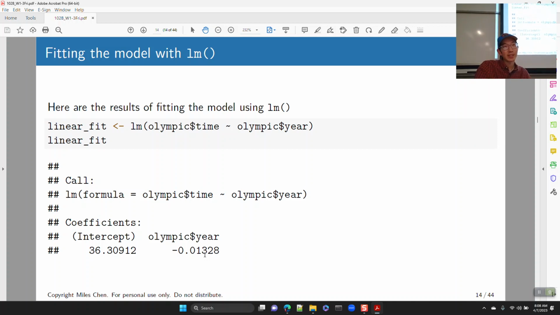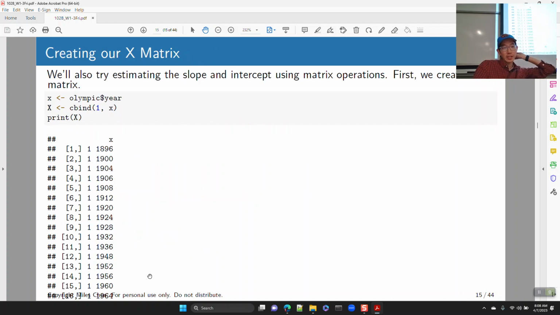Basically every 3 or 4 years, we drop maybe 5/100ths of a second. Am I saying that right? Okay, so this is what the linear model says. Our X this time is the year 1896, 1900, 1904, and I'm going to bind a column of ones.